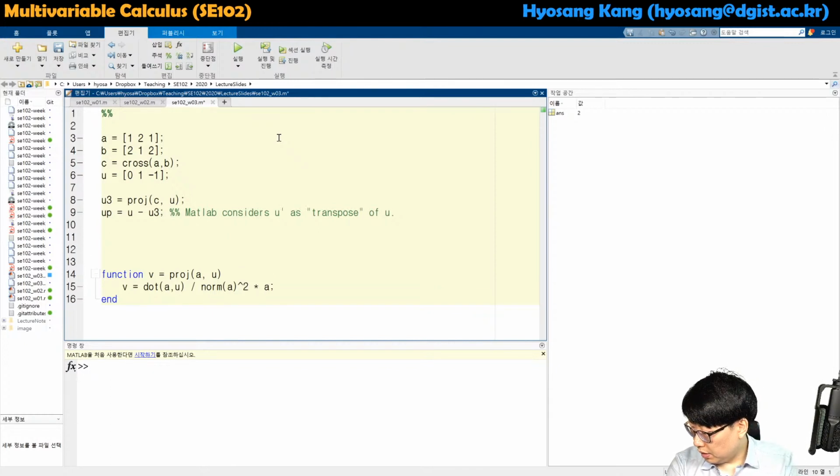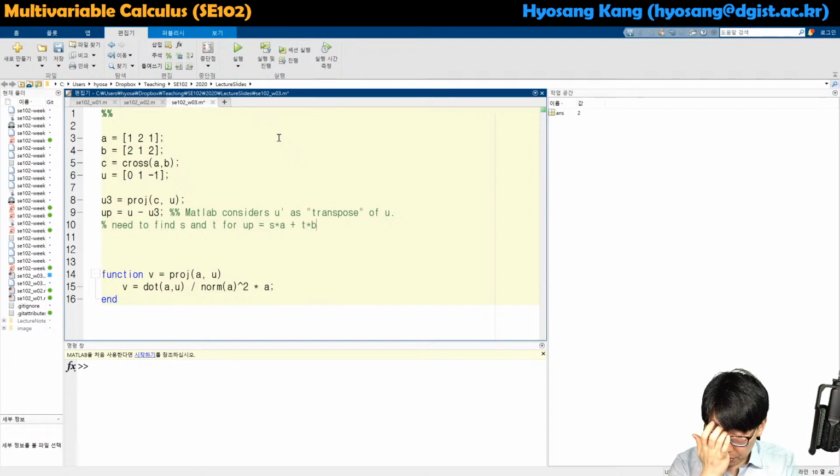All right, so I want to find S and T which satisfy UP equals S times A plus T times B, right?